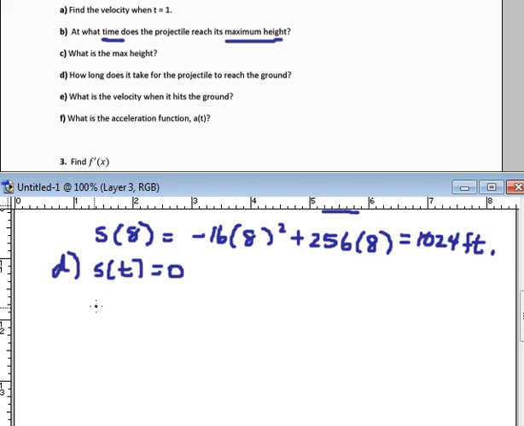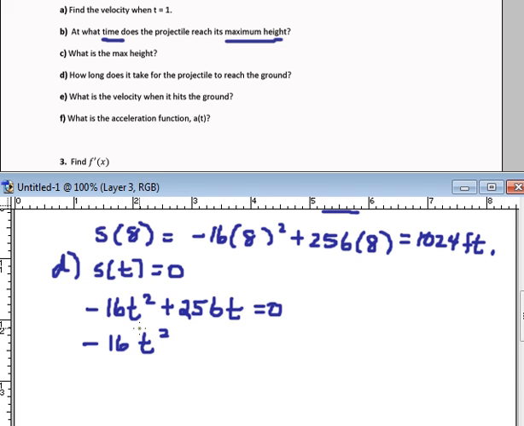That's minus 16 t squared plus 256t equal to 0. And we just can factor out the 16 over here. Or let's factor out minus 16.